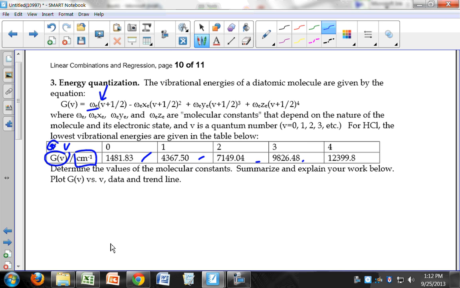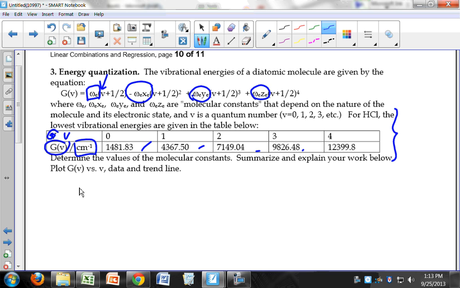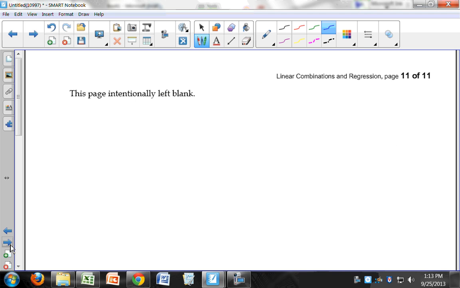So you have to determine these constants: omega e, negative omega e x e, omega e y e, and omega e z e from the data. These are values for HCl. You'll encounter this later this semester when we talk about spectroscopy. That's the third problem you need to work on for your reports.